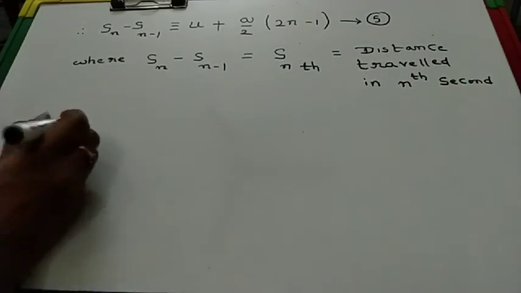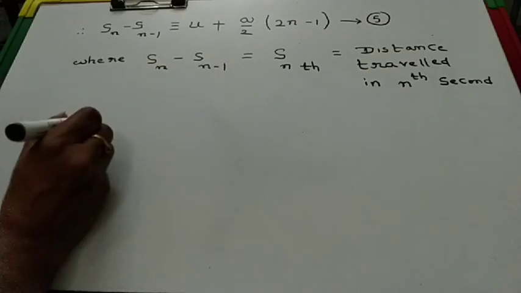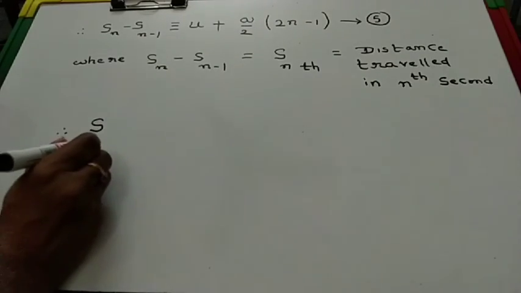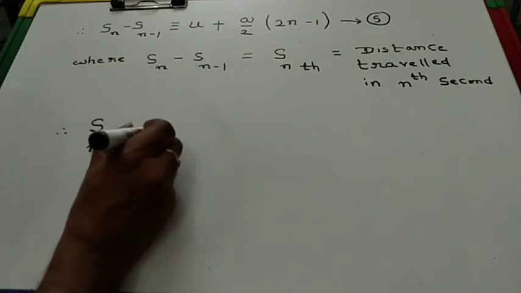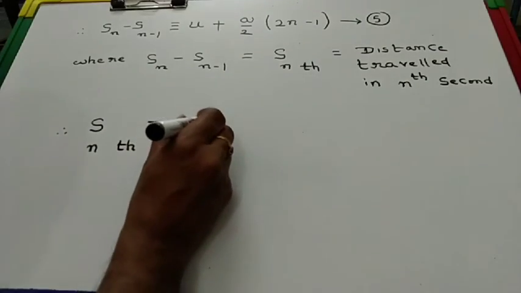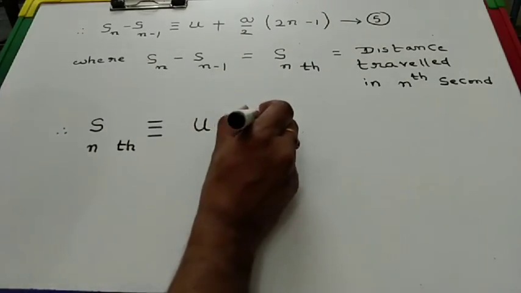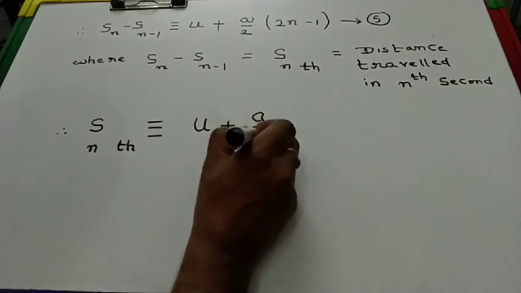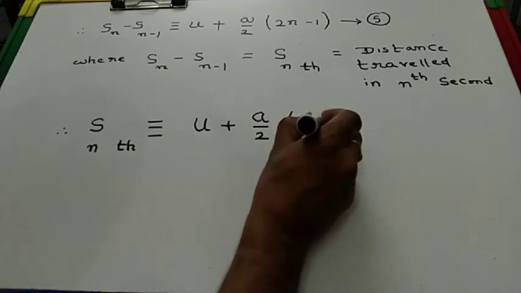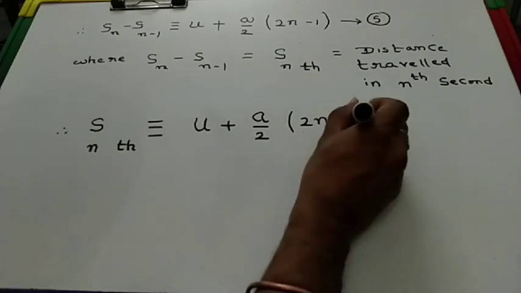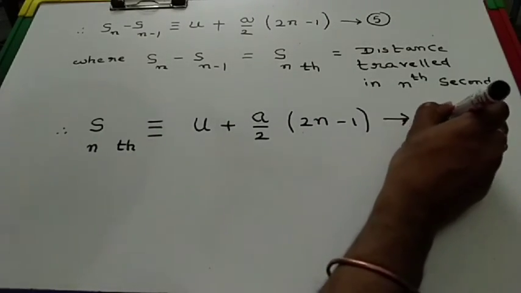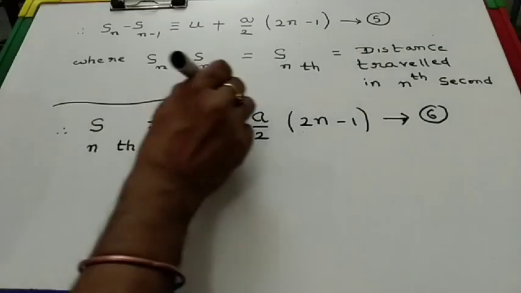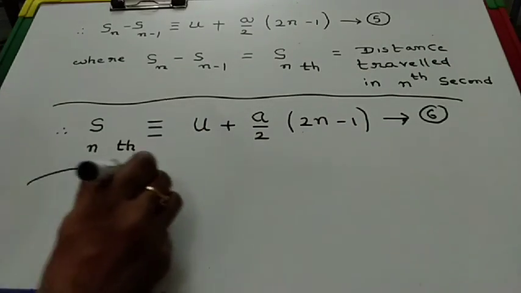Therefore, in the place of this, write S nth is equal to u plus a by 2 into 2n minus 1. Consider equation number 6. This is the required fourth equation of motion.